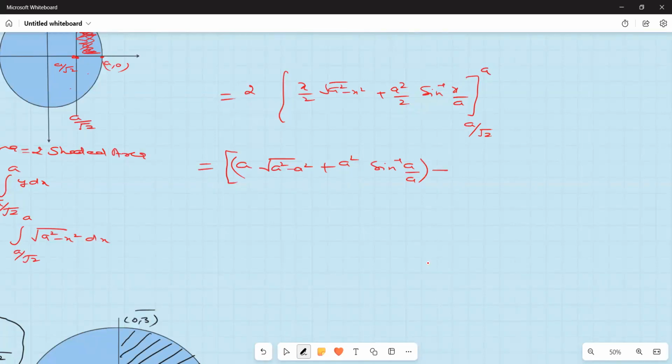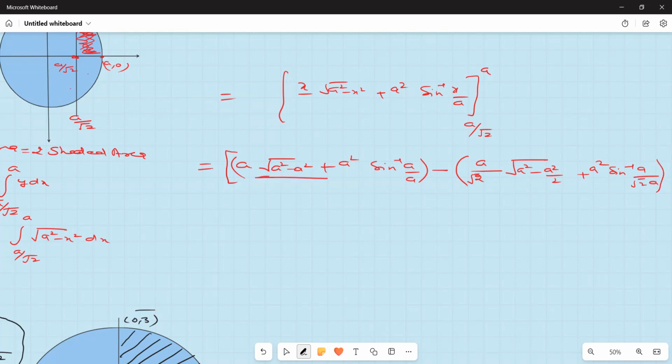Lower limit is a by root 2, because this 2 is already gone, a by root 2 into square root of a square minus a square by 2, plus a square by 2 sine inverse a by root 2 a, right?